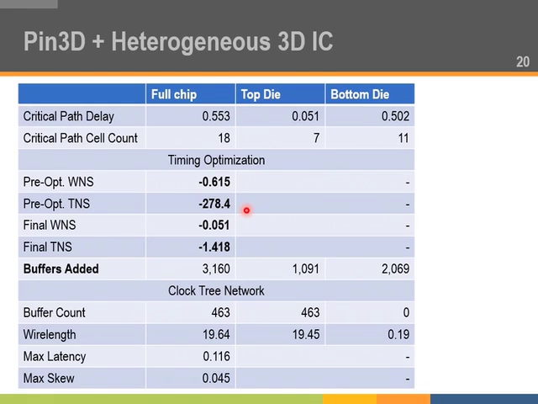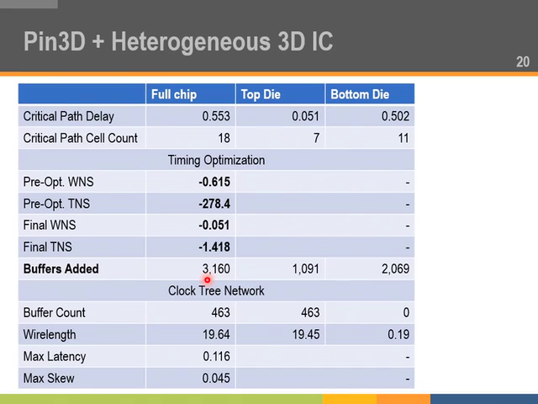But once we do the 3D optimization, and once Pin3D adds buffers on both the dies, like we see here, the timing goes back to a much more reasonable 50 picosecond worst slack and 1.4 nanosecond total slack.